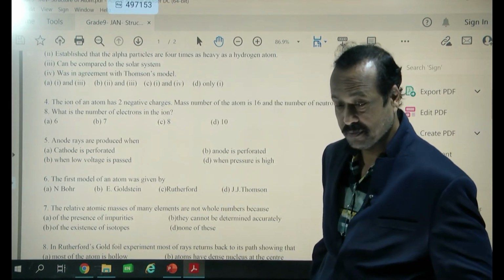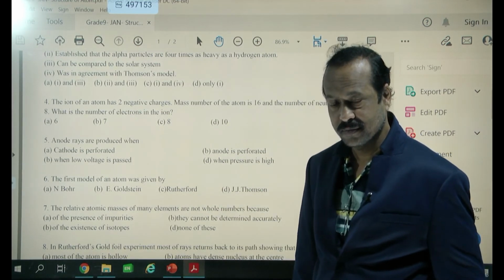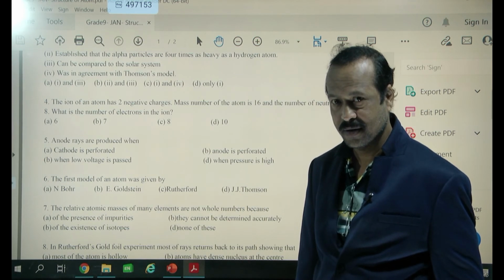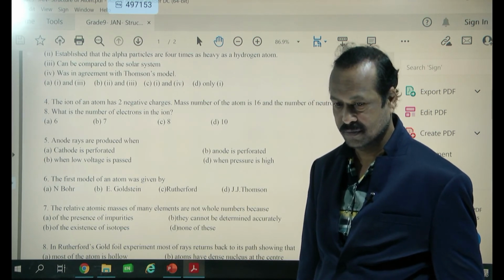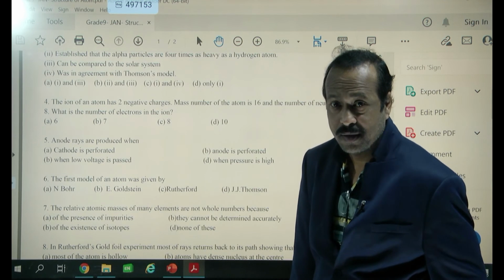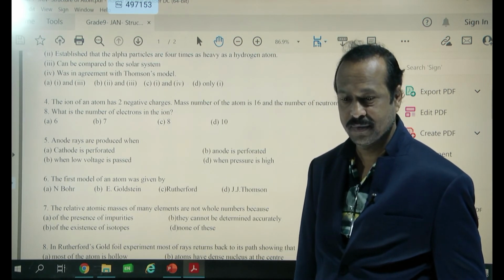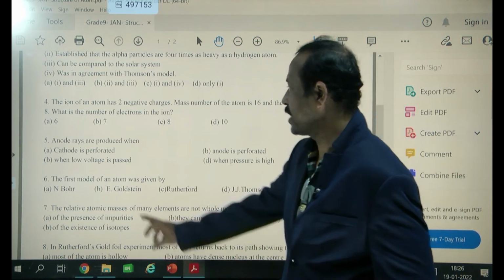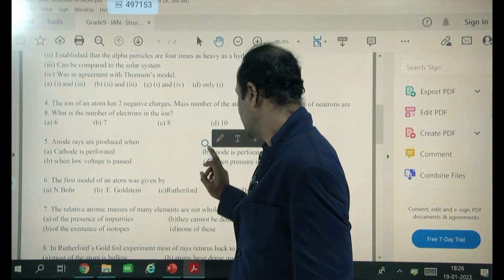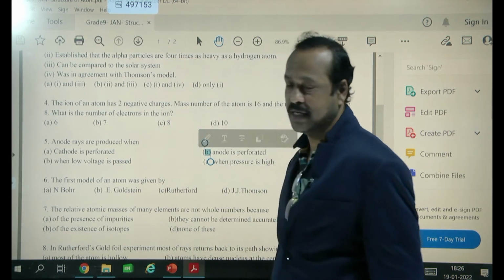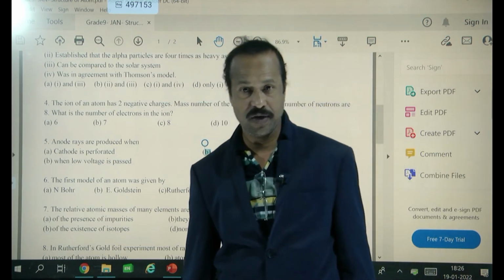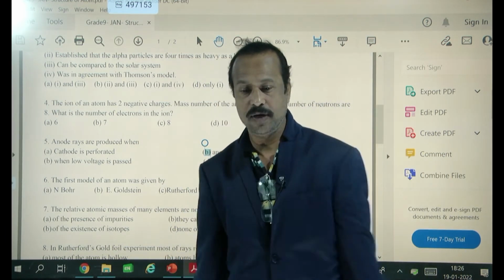What is the right answer? Cathode is not perforated, so B is the right answer. So here anode is perforated. When the anode is perforated, then the anode rays are released.